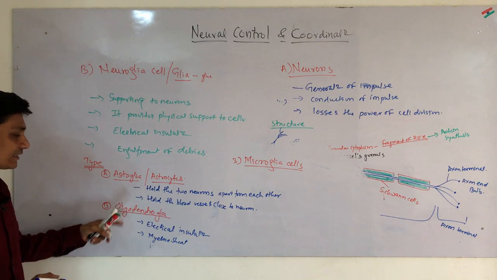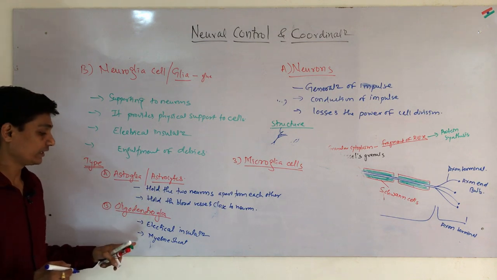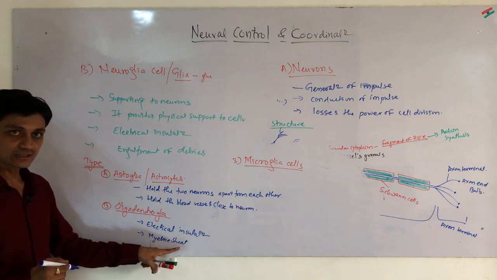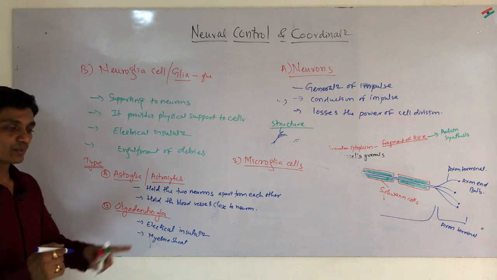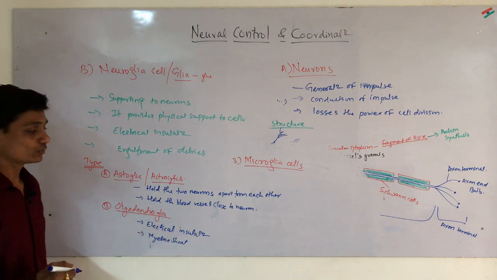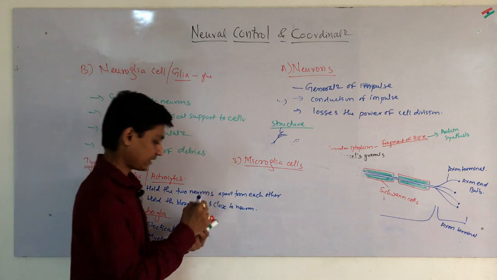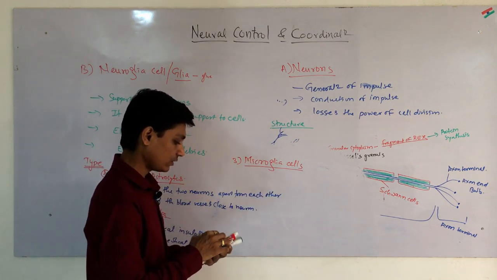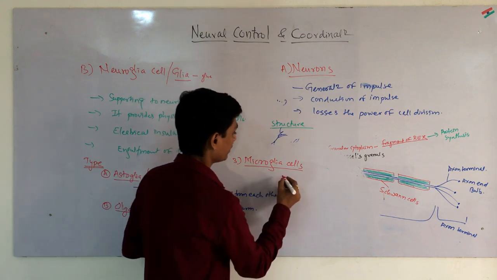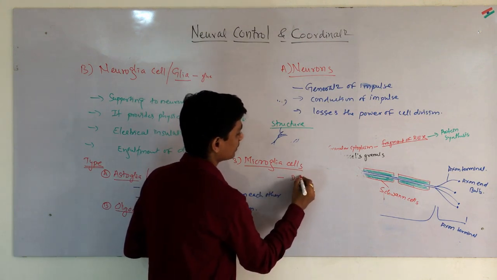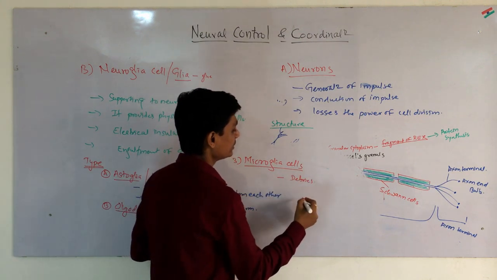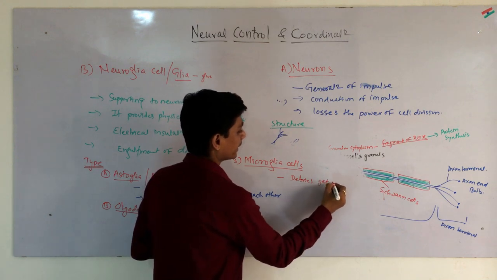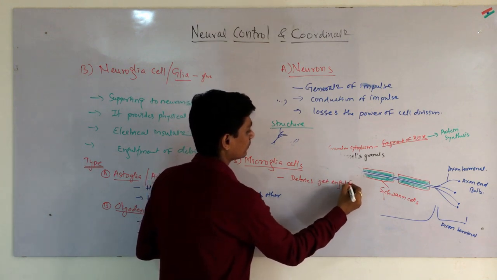Means Schwann cells are nothing but the oligodendroglia, which secrete myelin sheath, and this myelin sheath provides electrical insulation. And third part, microglia, they have a property of engulfment of debris. Debris get engulfed here.